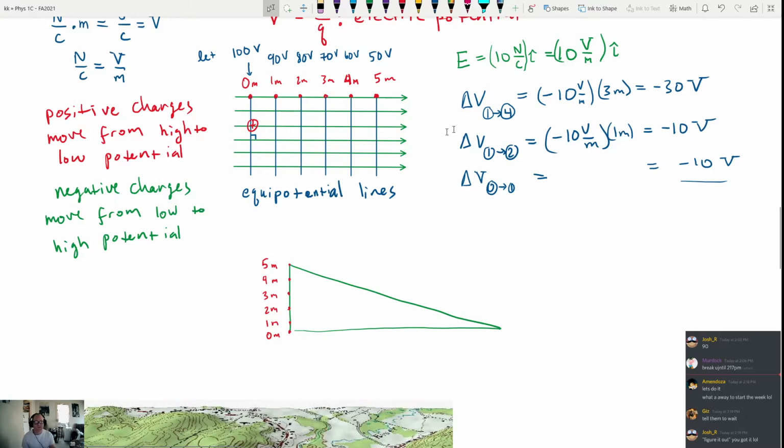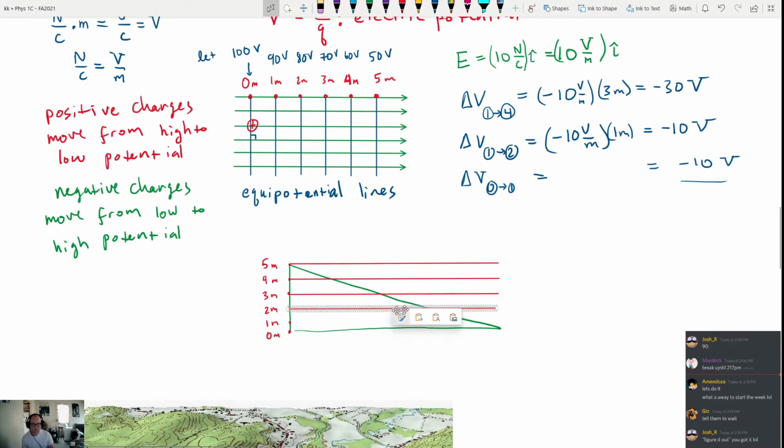What I can say is that for each of those, if I draw a line from here to here, make it straight, and then put a line for every one of my elevations. Then each one of these elevations is going to be basically an equipotential for gravity.